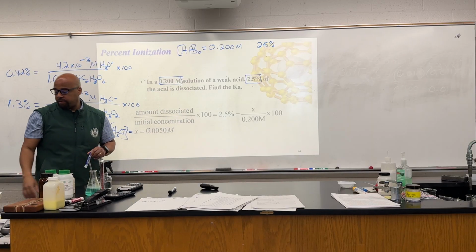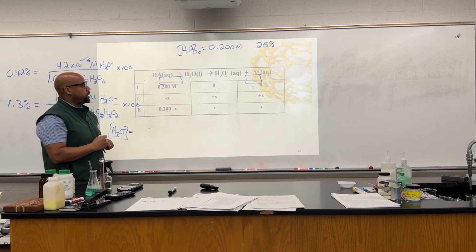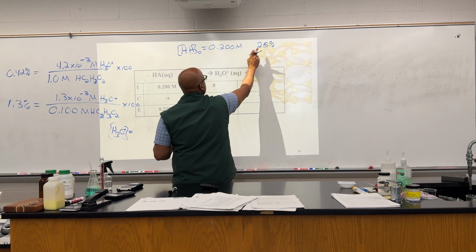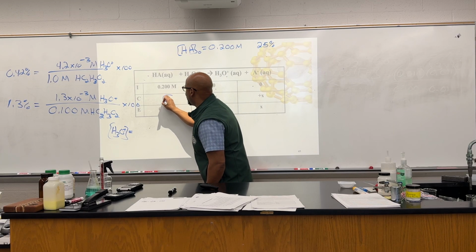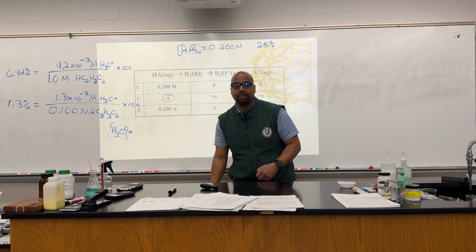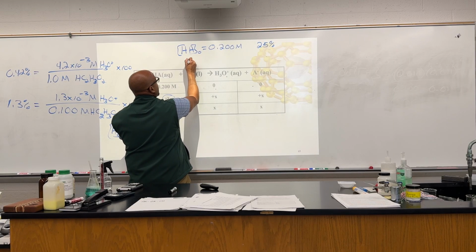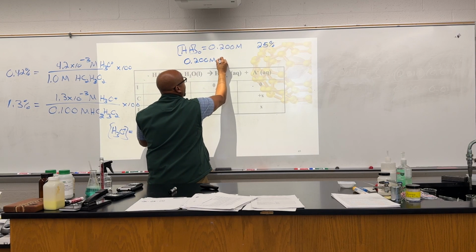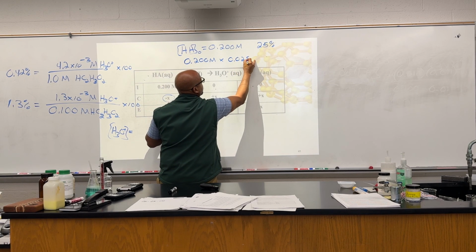What you could have done if you wanted to is what we've done earlier. If this represents the degree of dissociation, so 2.5% of this dissociates, well, that's really telling you what this X is right here anyways. So if I wanted to figure out what X was, I would simply say, hey, the degree would be 0.200 M times, in this case, 0.025.